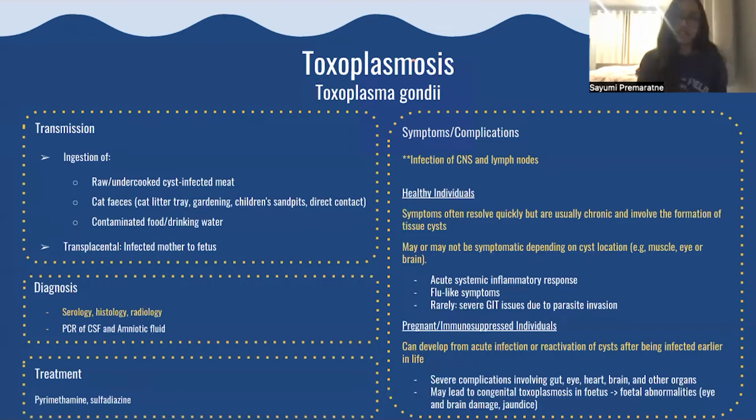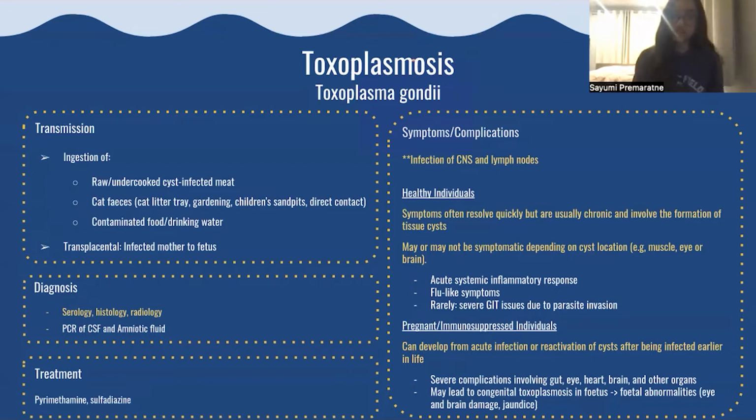And then the symptoms and complications. So Toxoplasma gondii will infect your central nervous system and your lymph nodes. So it will affect a healthy individual differently to how it will affect a pregnant or immunosuppressed individual. So if you're healthy, the cysts will form, and the symptoms that you experience are going to depend on where the cysts are.